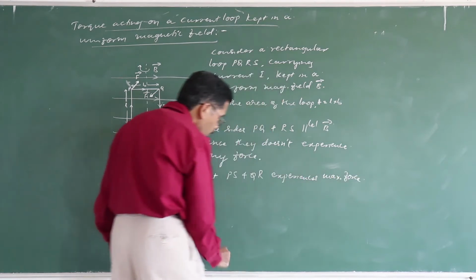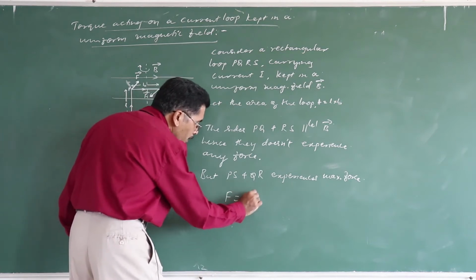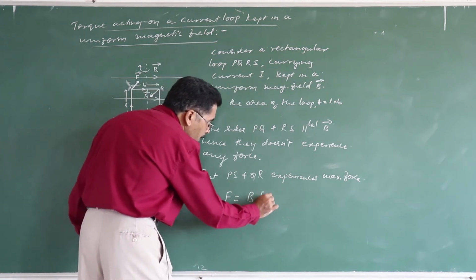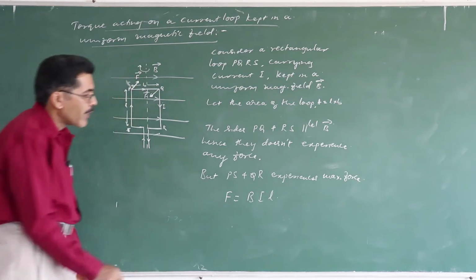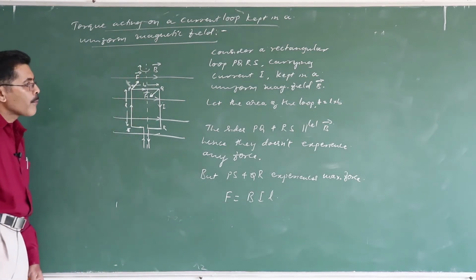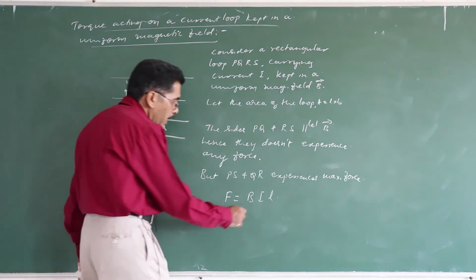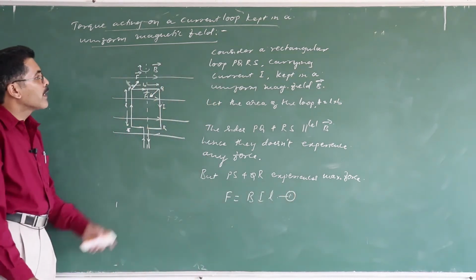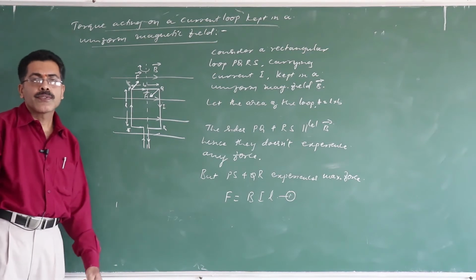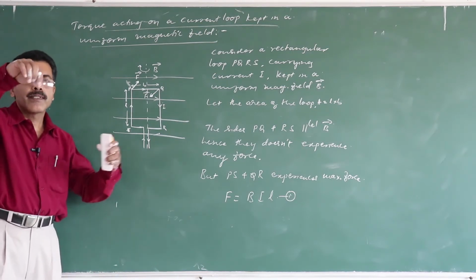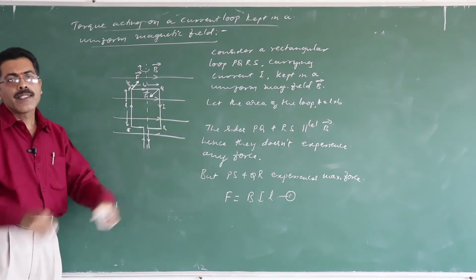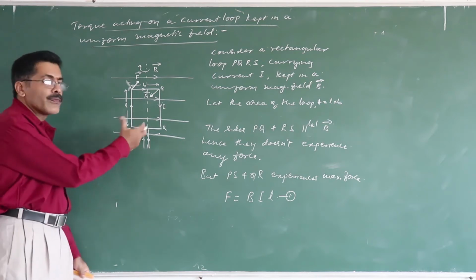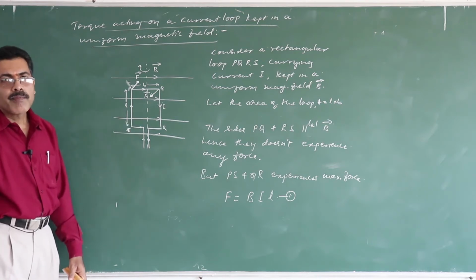Therefore the force acting on them is given by B into I into L. You know that equal and opposite forces constitute a couple. The tendency of the couple is to rotate the loop. It is acted upon by a torque.